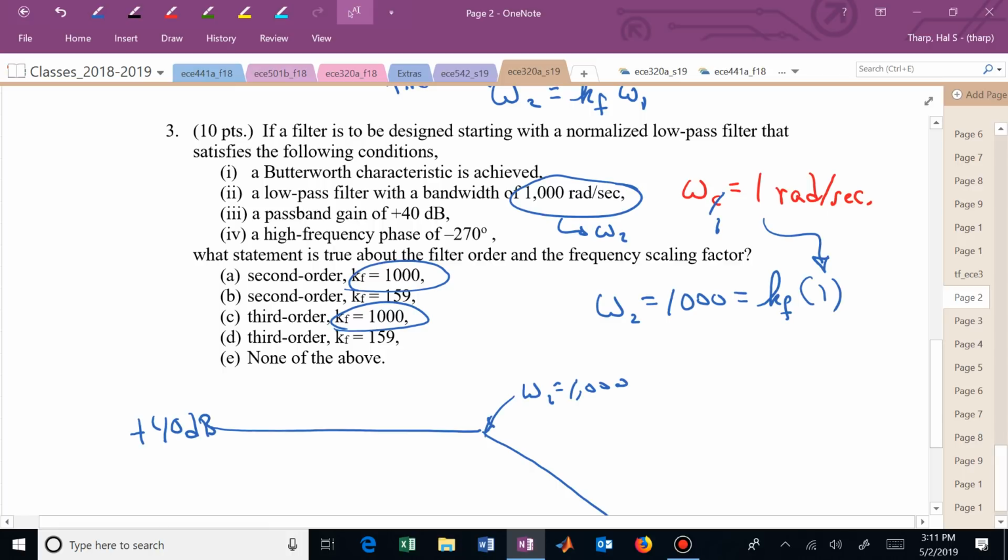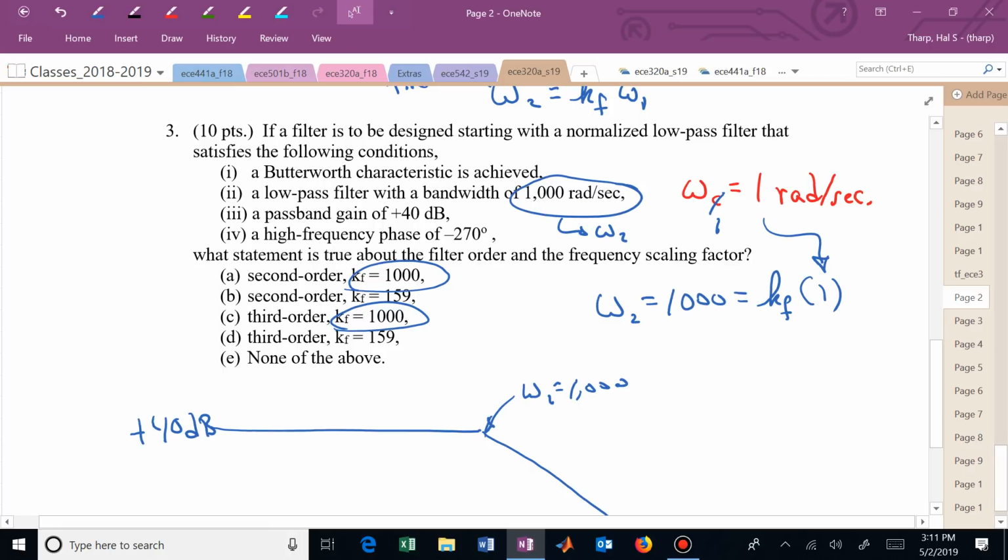So if we were going down minus 20 dB per decade in the stop band, that would indicate a second order filter. But I didn't say minus 20 dB per decade. I said the passband gain is 40.